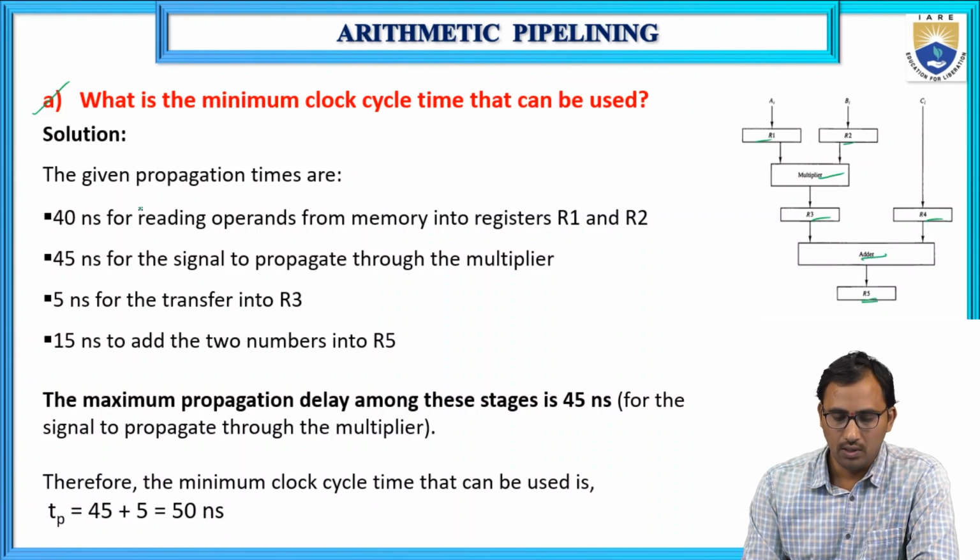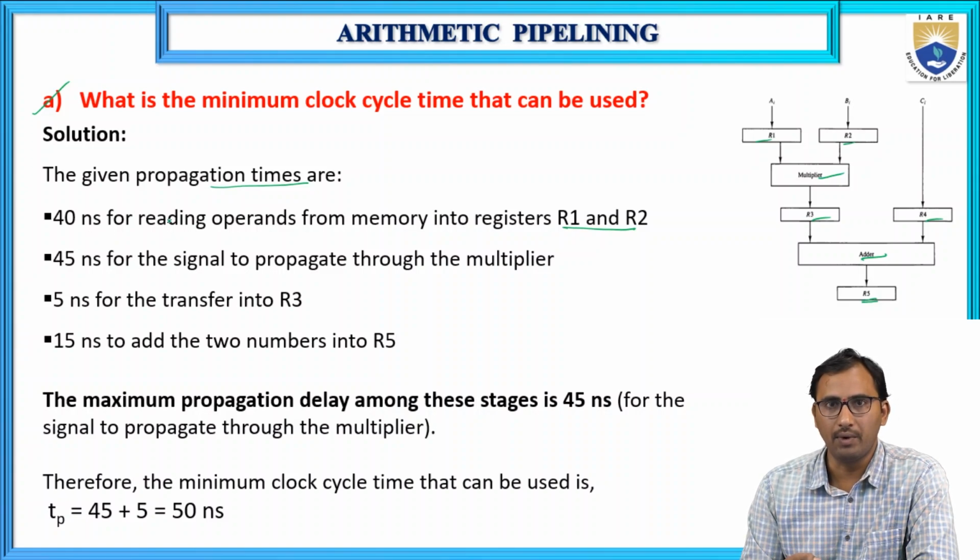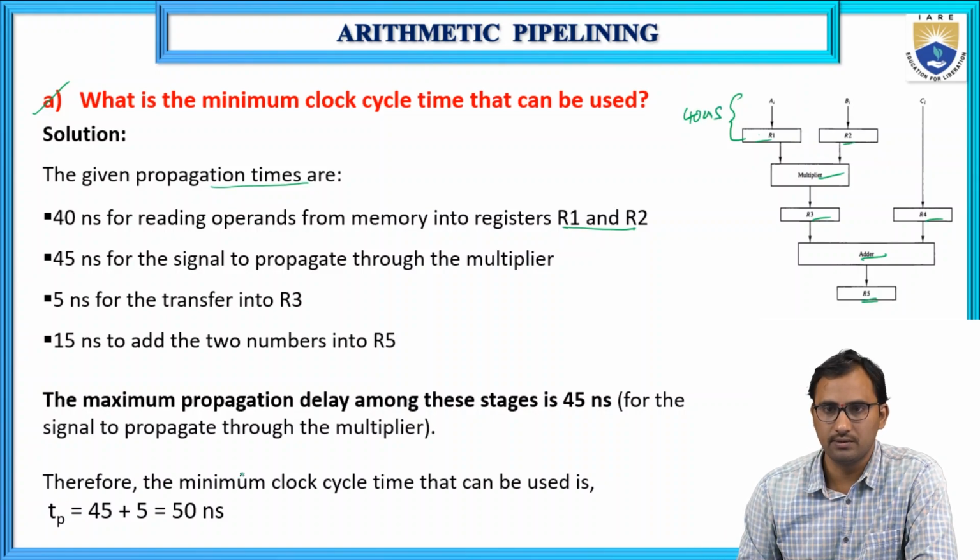The given propagation times are 40 nanoseconds for reading operands from memory into R1, R2. That means it takes 40 nanoseconds for reading operands from the memory and loading them into the R1 register.